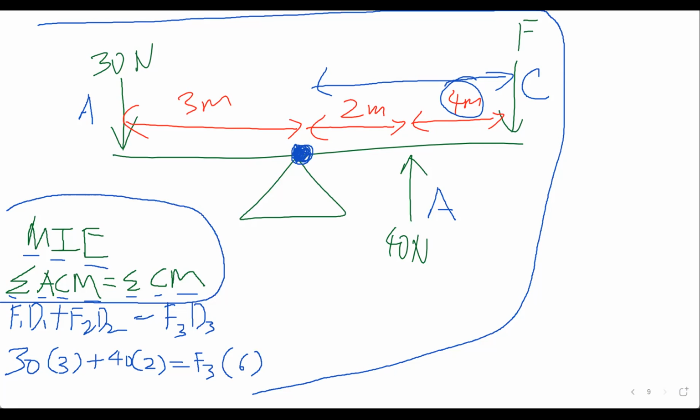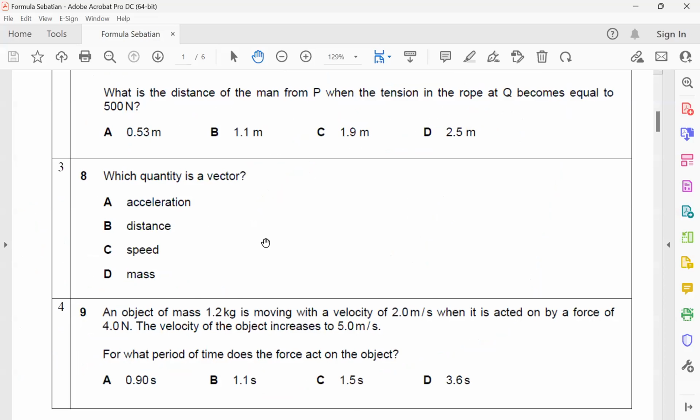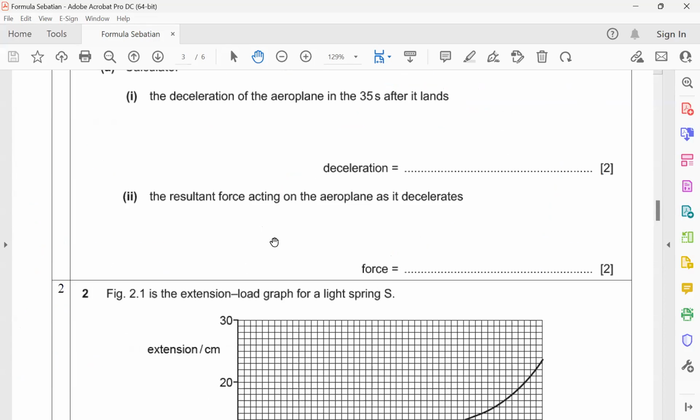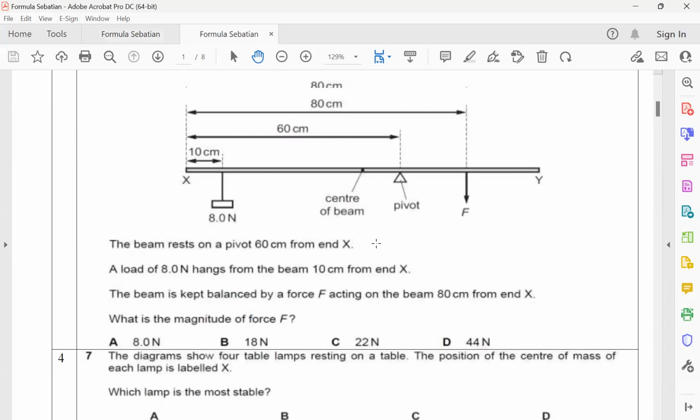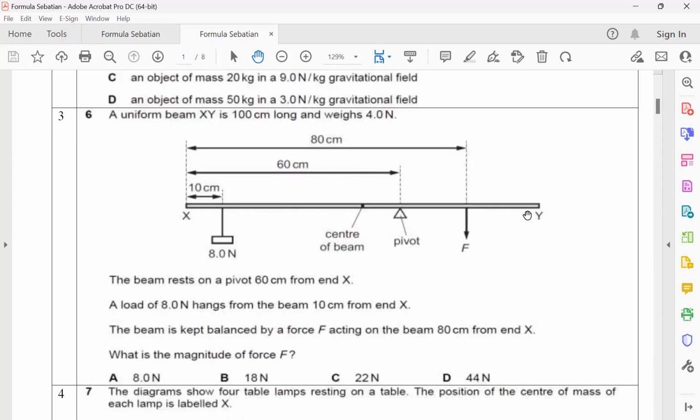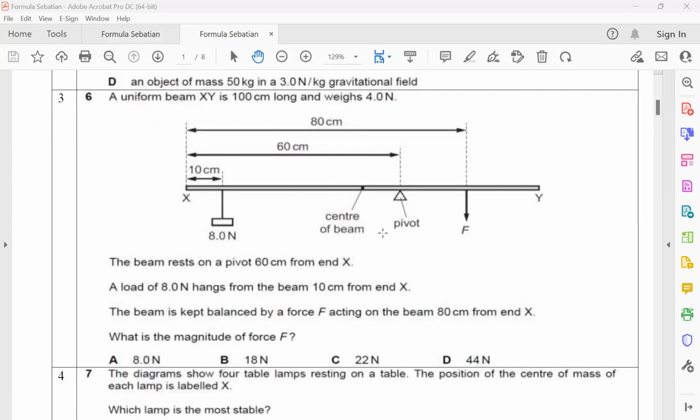Okay, I want to give you guys one more question to do, since we're on this topic. I know a lot of students cannot do this question. Everyone, use the remaining time to do this question and tell me what the answer is.